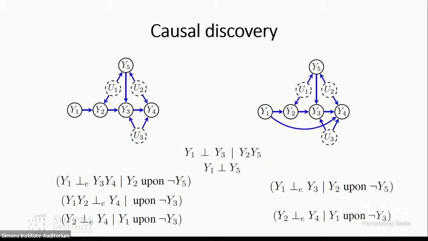We have it here, but it does not hold for this DAG. And now we have one more separation relation, and this one is stronger than this one. You can see that they're similar, but in here we have y4, and here we only have y3. It's also because of this edge that this constraint is stronger than this one.